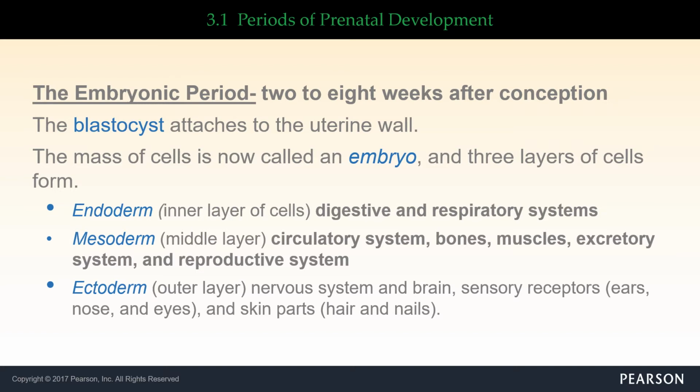And then the ectoderm is the outer layer, which includes the nervous system and the brain, the sensory receptors, ears, nose, and eyes, and skin parts, hair, and nails.